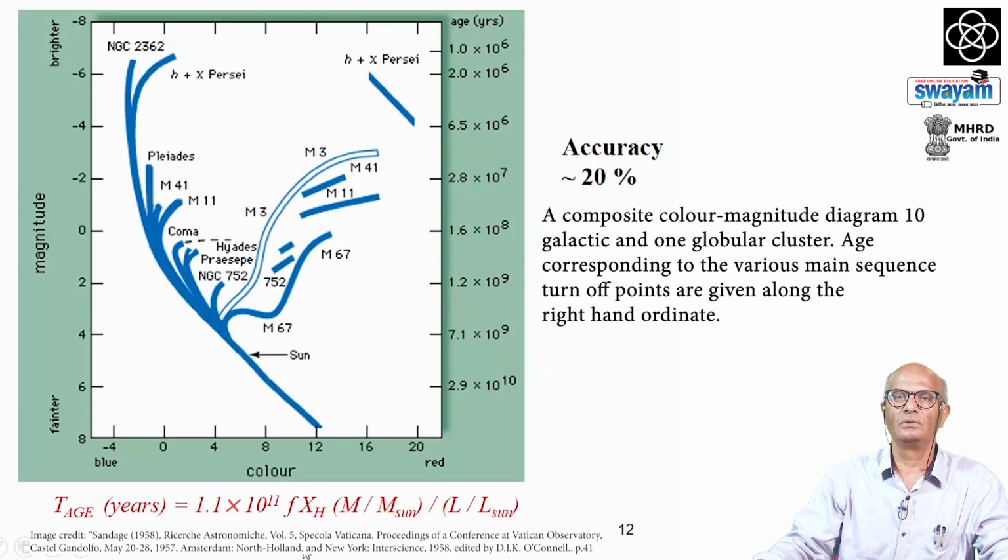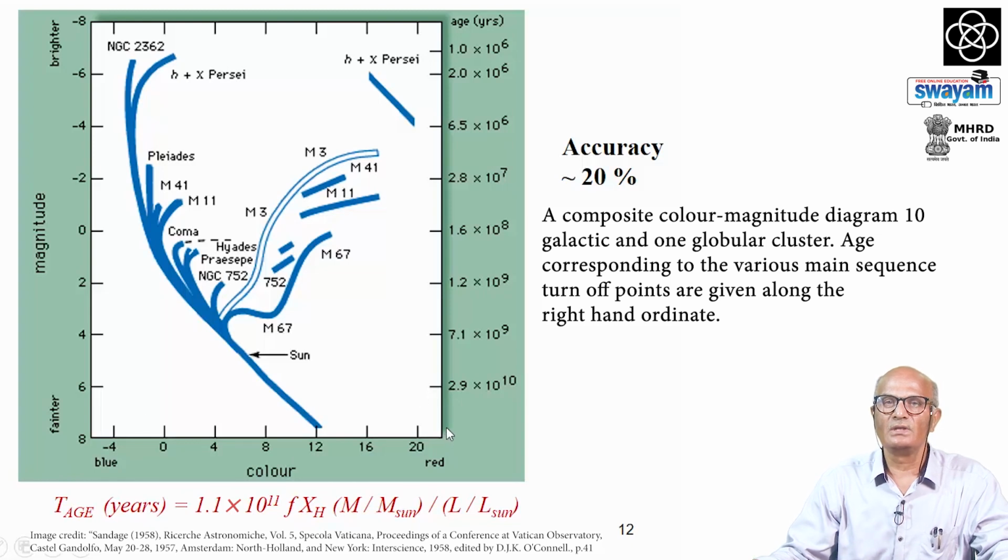And here this diagram has been taken from the work of Sandage's group, and as you can see, on the y axis it is the absolute magnitude, on the x axis it is color blue to red, and it is indicative of temperature.